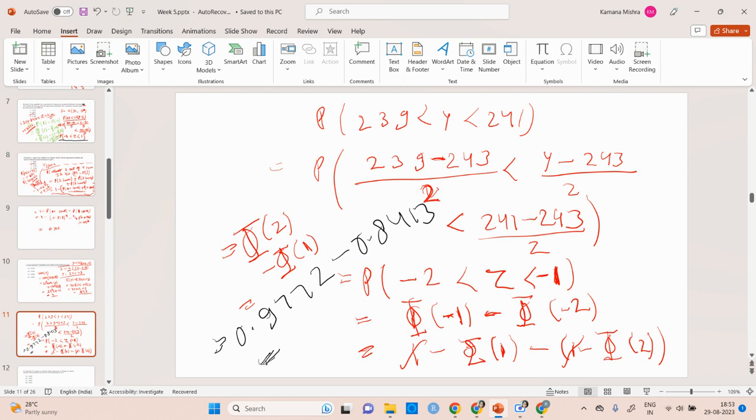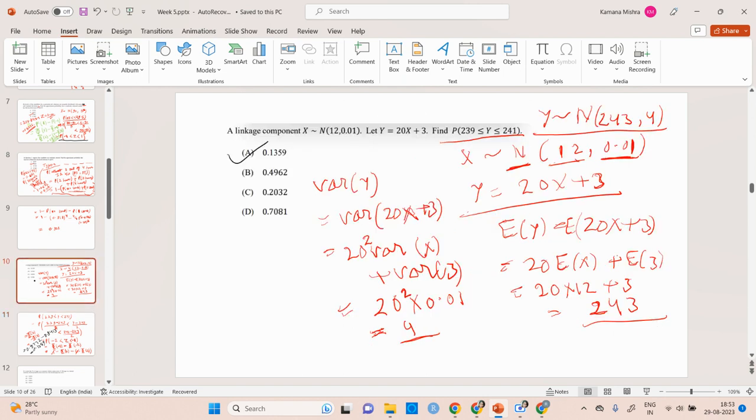Now you can subtract it. So 0.9772 minus 0.8413, and this will be 0.1359. Okay, so 0.1359 will be the answer.